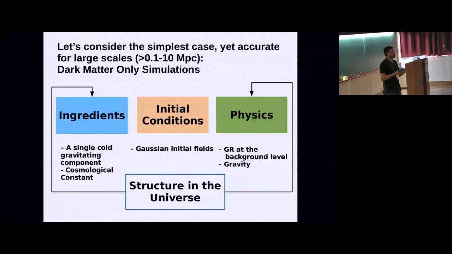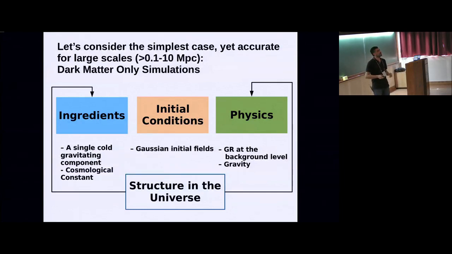We can assume that dark energy is a cosmological constant, so it only affects the background. We can assume Gaussian initial fields and use GR only to tell us what the overall expansion of the universe is.